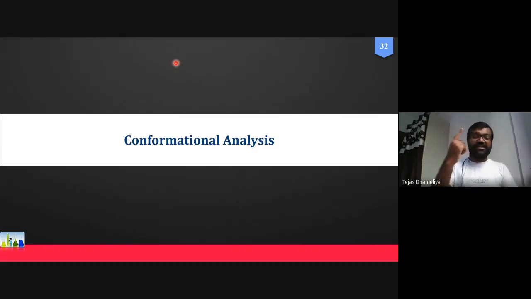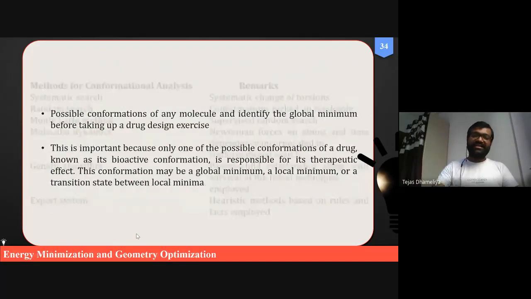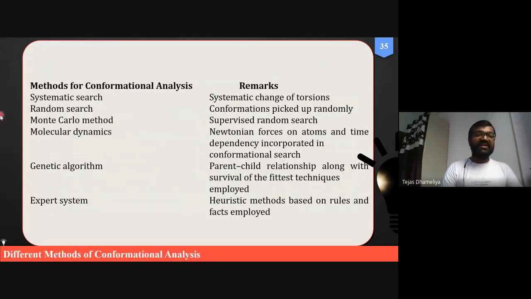If I say anti or staggered, that is the most stable conformer. How do we come to know that out of these many conformers, anti or staggered is the best conformer? I can confirm that through conformational analysis, based upon energy minimization and geometry optimization. So it has a different purpose, and these are the other conformational analytical methods.